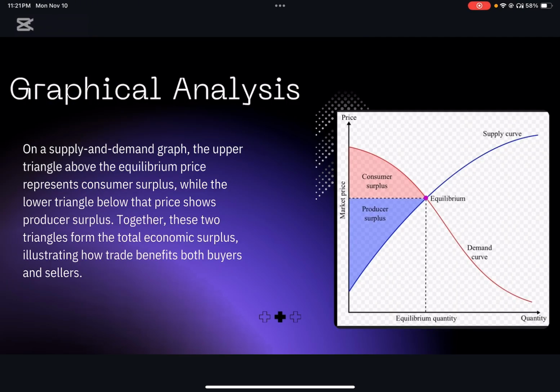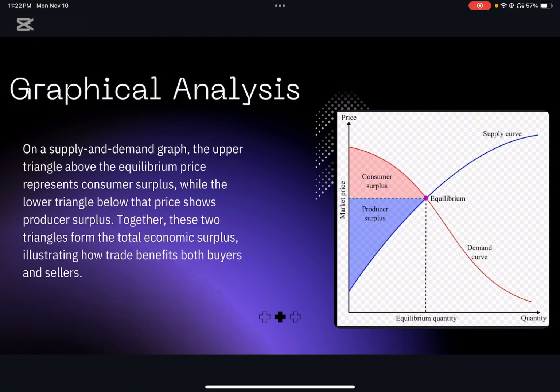Let's see that in a graph. This graph helps us visualize all three concepts at once. The demand curve slopes downward, showing how buyers are willing to pay less as quantity increases. The supply curve slopes upward, showing producers need a higher price to supply more. The point where they meet is the equilibrium, the price that balances both sides.